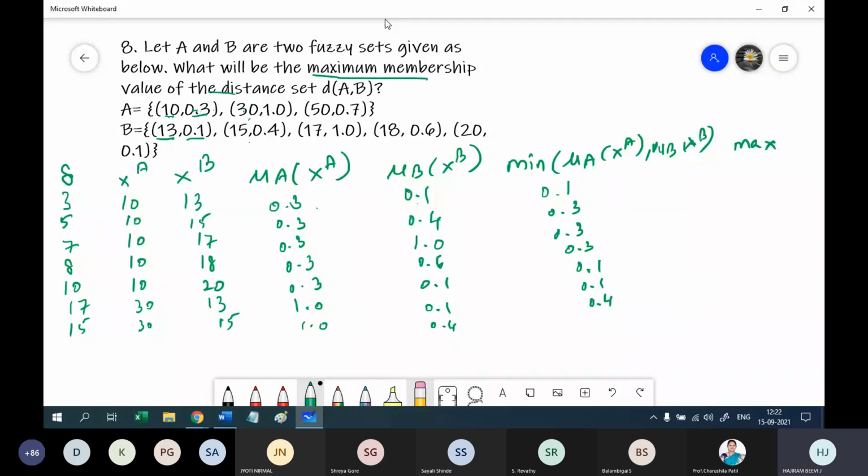The next distance is 13, which means 30 and 17. 1.0 and 1.0, so the minimum is 1.0 only. After 13, 12. 12 means 30 minus 18. 30 is 1.0, 18 is 0.6, and the minimum is 0.6.